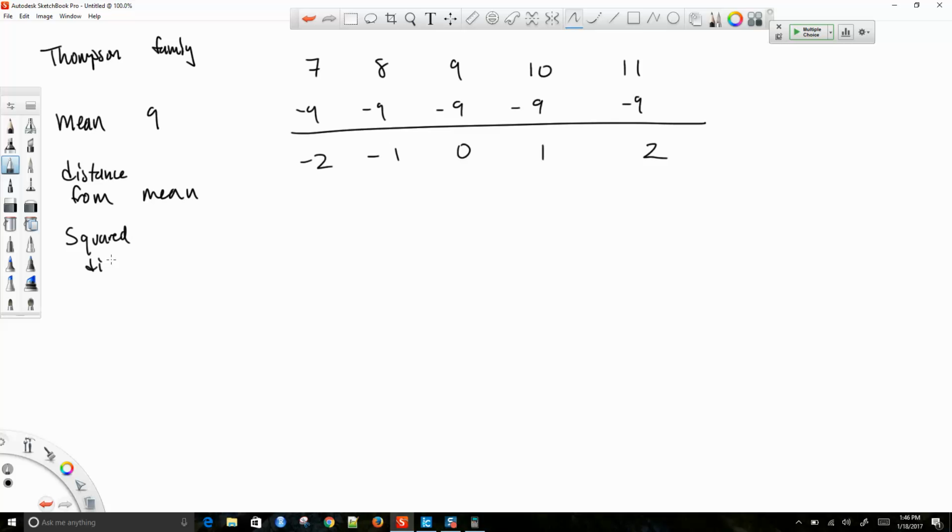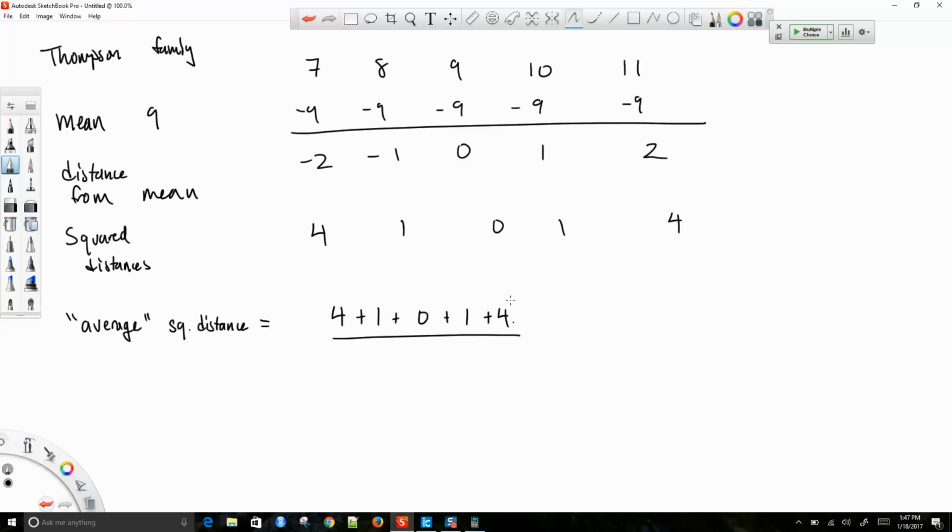Now we have these squared distances, so I take these numbers and I square them. And then we're going to do the, quote, average squared distance. So I'm going to add these up and divide by n minus 1.